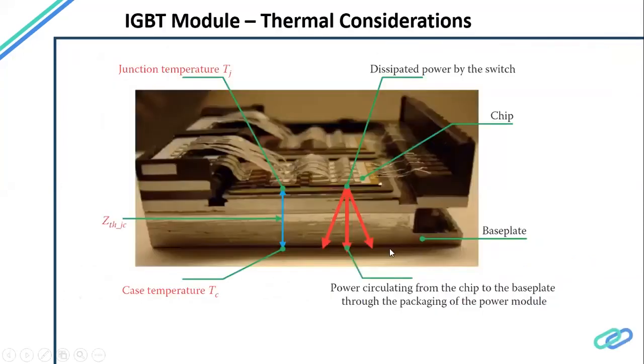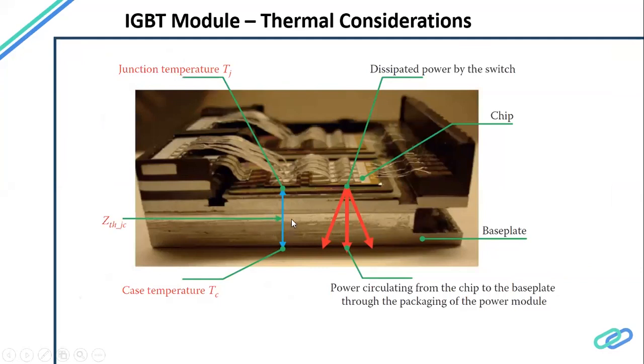And you can see this is where we will be thermally looking into this brick or module. This is where we are mostly interested: the junction temperature of the IGBT or MOSFET. This temperature is something very critical for us.